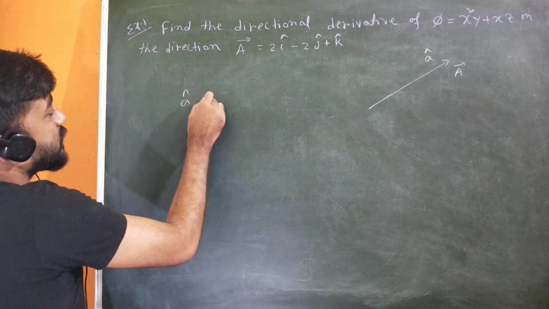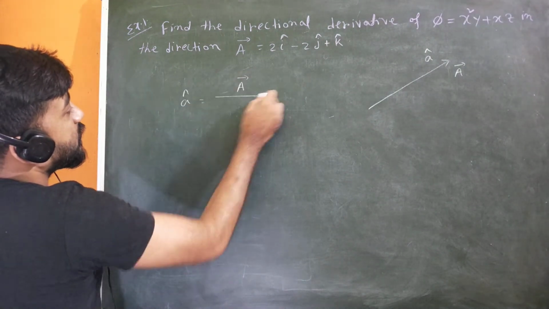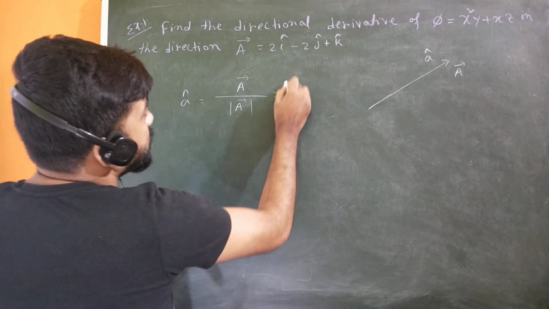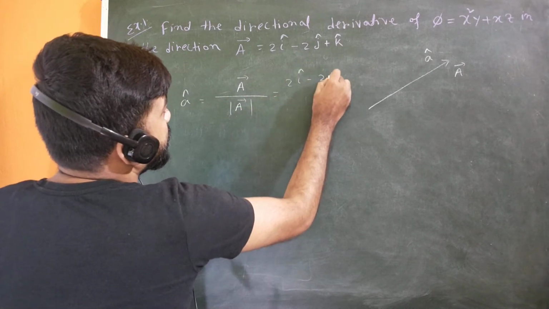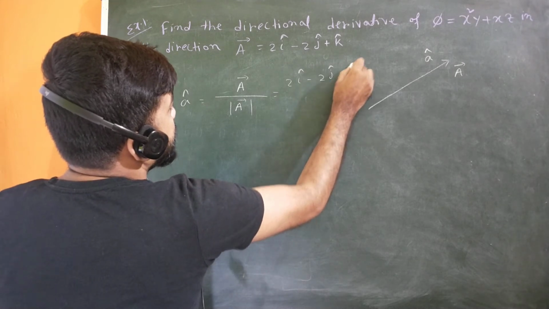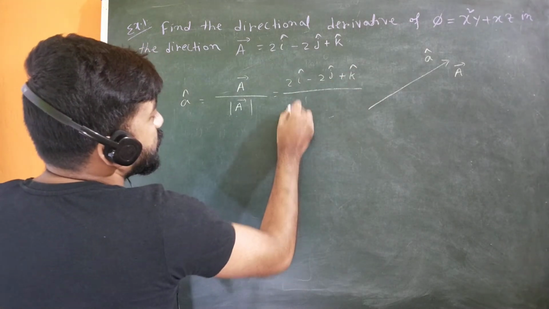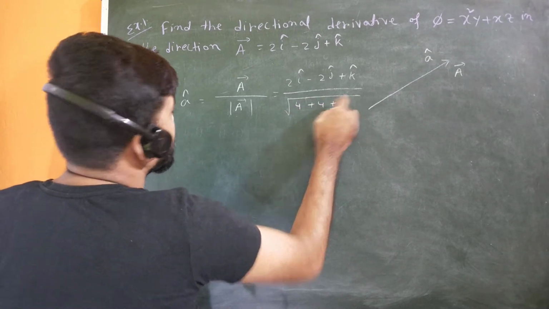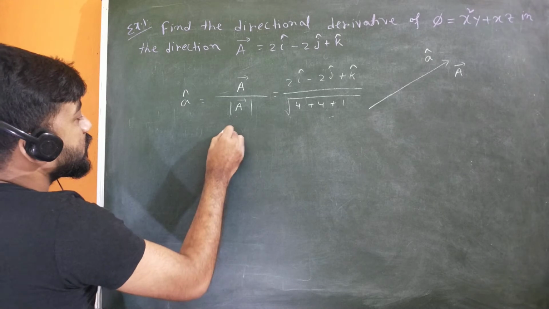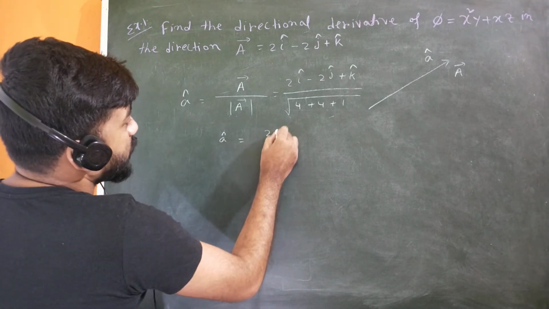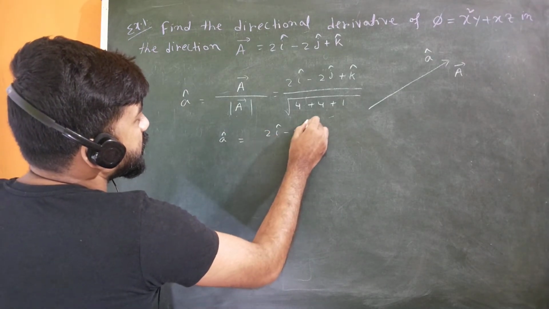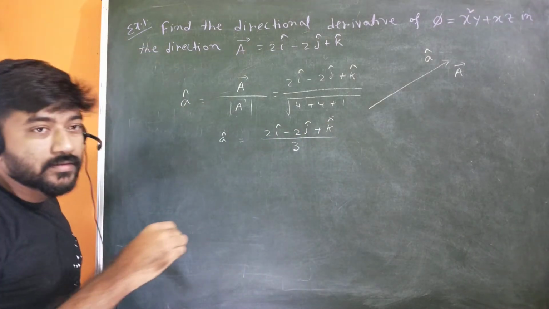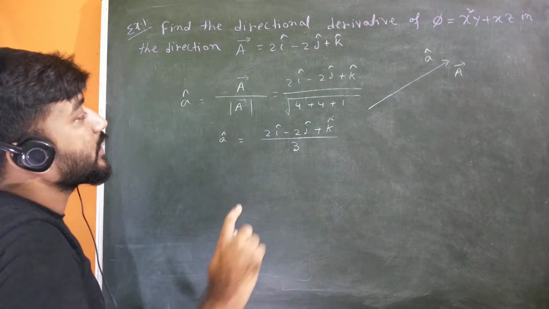A cap is nothing but vector a divided by mod a, and here a is 2i cap minus 2j cap plus k cap divided by root of 2 square, that is 4 plus 4 plus 1, that means 3. So a cap is 2i cap minus 2j cap plus k cap divided by 3. This is the direction given in terms of a vector.